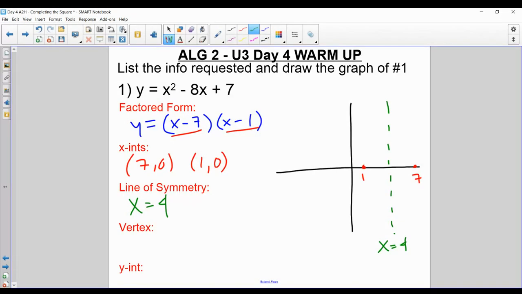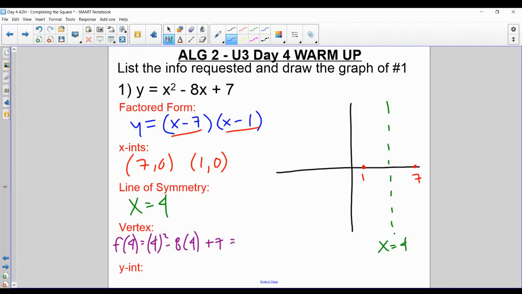Find the vertex by plugging in that x value of 4 into the equation. So we're doing f of 4, and I'm doing 4 squared minus 8 times 4 plus 7.